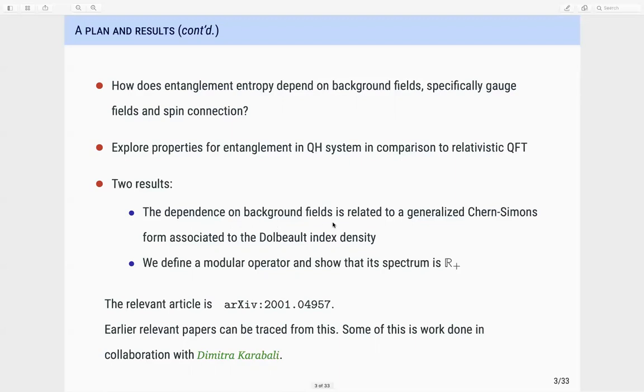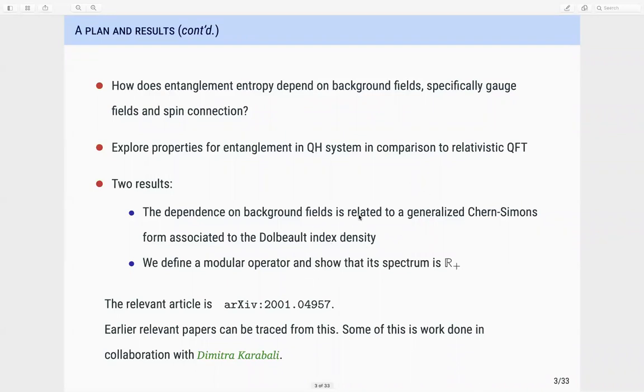First, the dependence on the background fields, which I want to show is related to a generalized Chern-Simons form. In particular, that Chern-Simons form is associated to what is called the Dolbeault index density. Secondly, we will define a modular operator for this problem and show that its spectrum is actually R+. These are the two basic results.